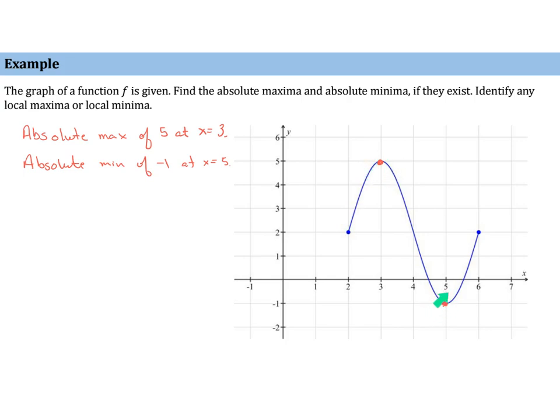Likewise, this is locally a minimum as well. So we have a local maximum of 5 at x equals 3. And we have a local minimum of negative 1 at x equals 5.